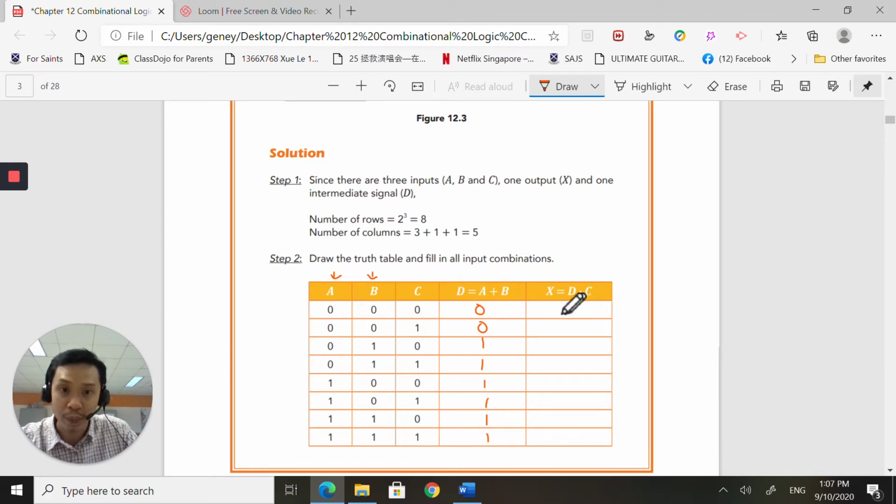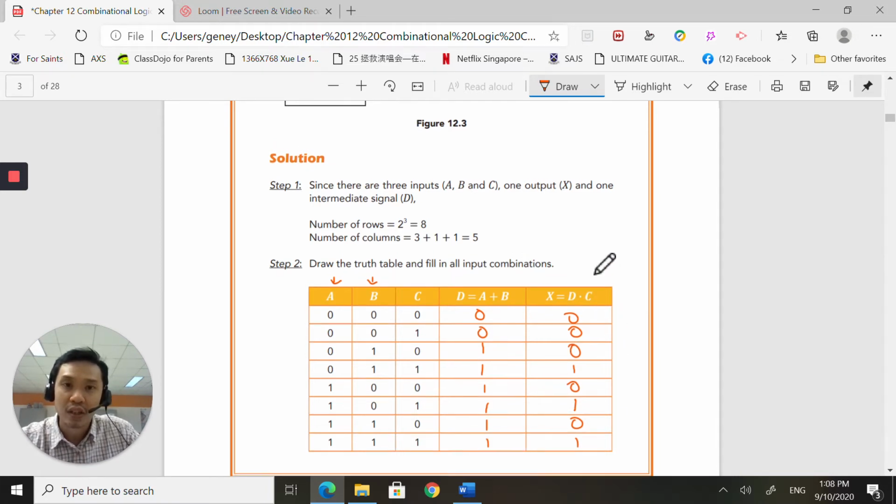So remember, AND: 0, 0 is a 0; 1, 0 is a 0; 0, 1 is a 0; 1, 1 is a 1. So now we have come up with the truth table for the output here.